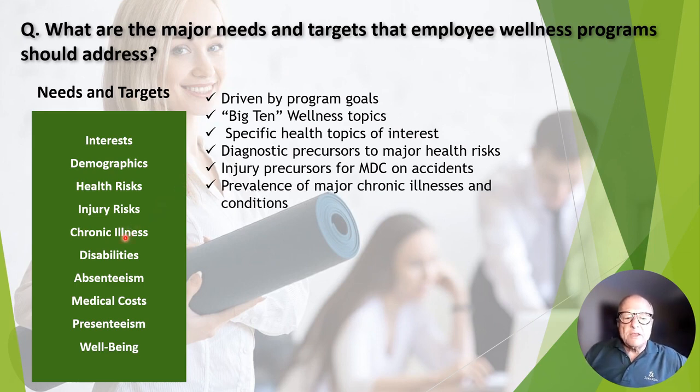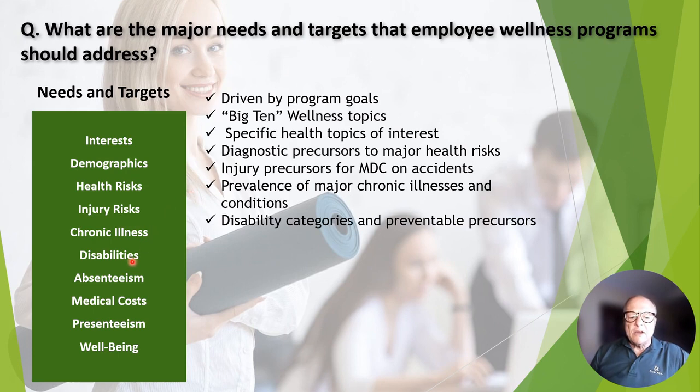Another one of the areas, if we look at chronic illness, can be the prevalence of major chronic illnesses and conditions. We oftentimes can pick that up with a health risk assessment when we're asking for the current pattern of prevalence of specific illnesses and conditions.